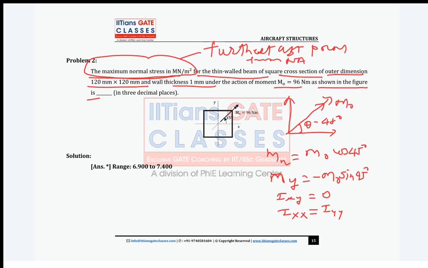Now guys, first thing here, you find out the neutral axis. So what is the neutral axis? Tan alpha, what I found, was K1 by K2. So what is your K1? K1 is My into Ixx upon Mx into Iyy, for a symmetric cross section, yes or no, guys?